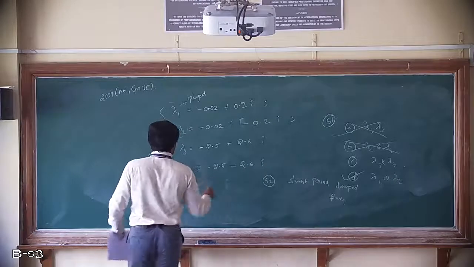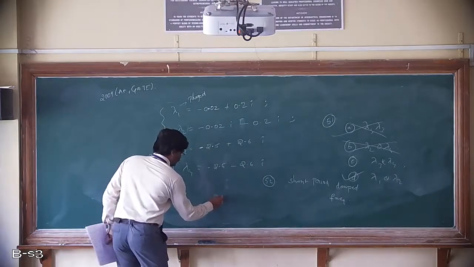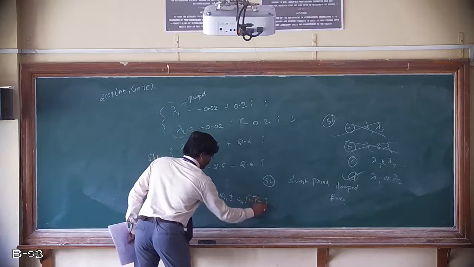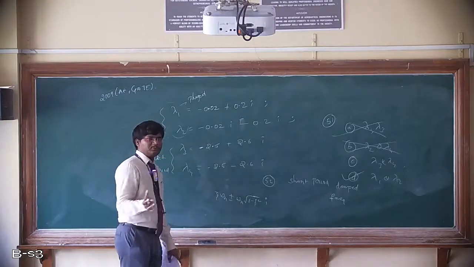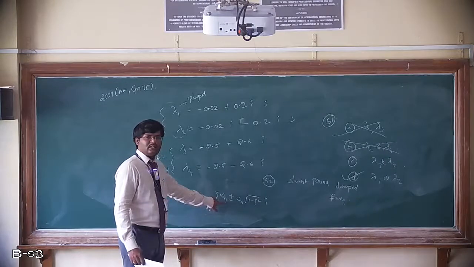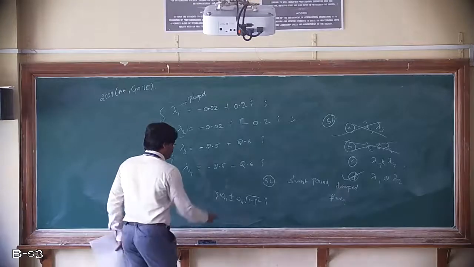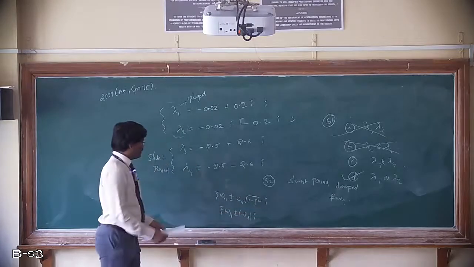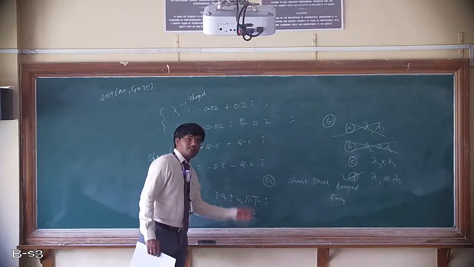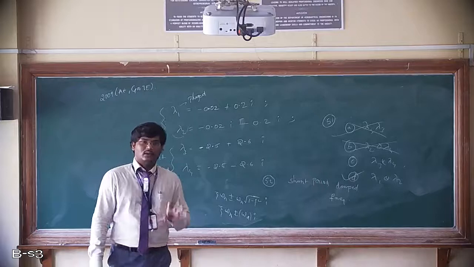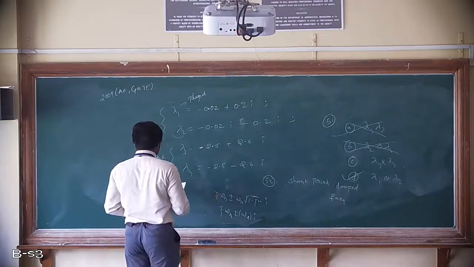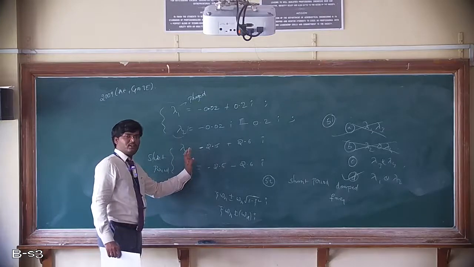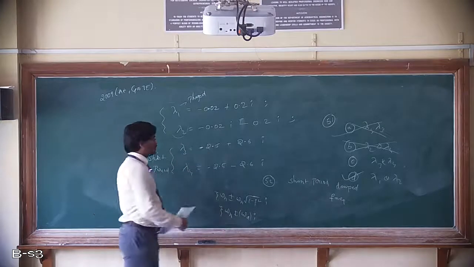Already we discussed, if you have damping ratio and natural frequency for any system, you can represent the system roots like this: minus zeta omega n plus or minus omega n into square root of 1 minus zeta square times I. So this is nothing but minus zeta omega n plus or minus omega d into I. In that case, the imaginary part of the root is nothing but your damped frequency.